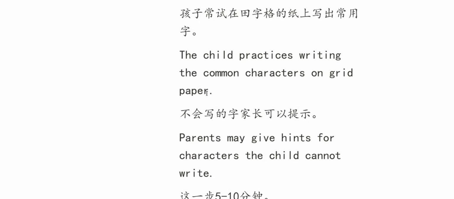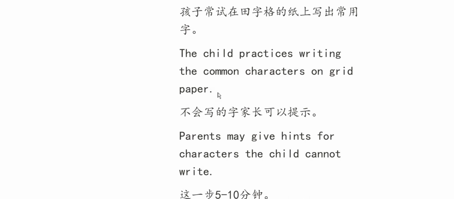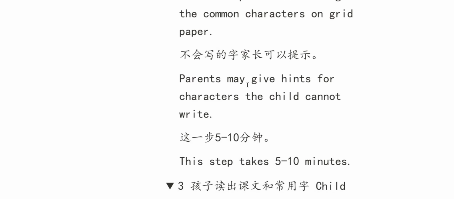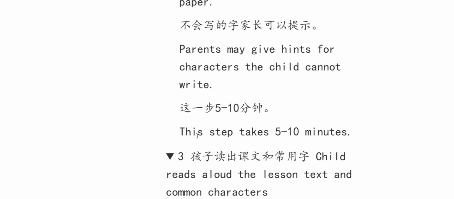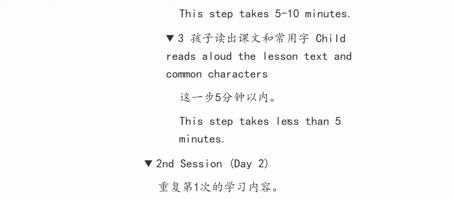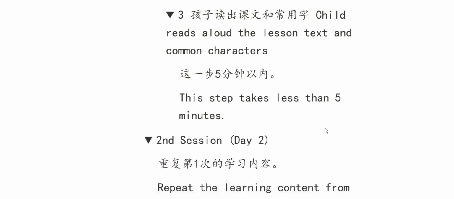We have already provided this grid paper on our website. You can download it for free. Parents may give hints for characters the children cannot write. This step will take 5 to 10 minutes. As the fourth step, children need to read aloud the lesson text and common characters. This step normally takes less than 5 minutes.